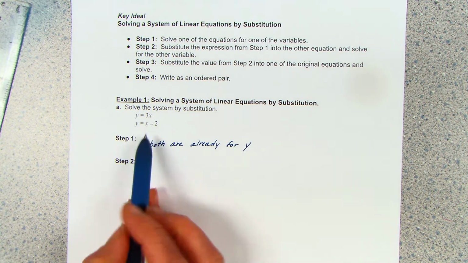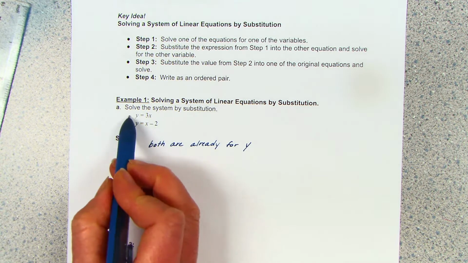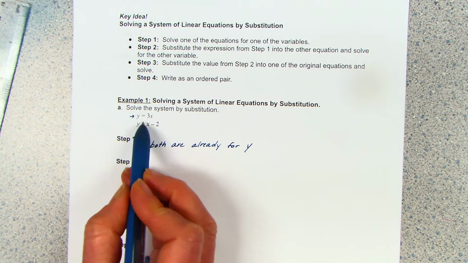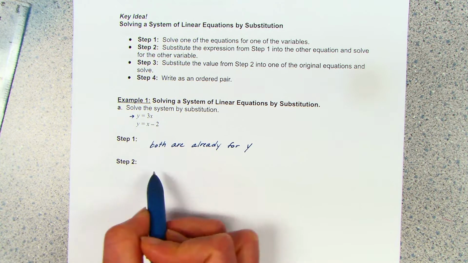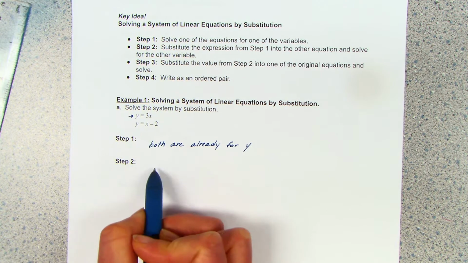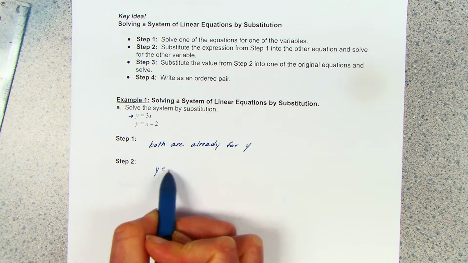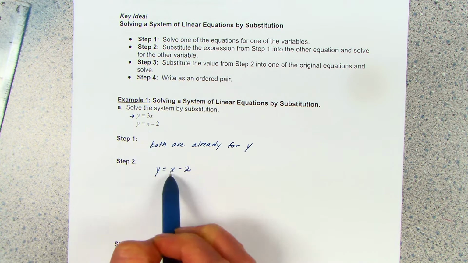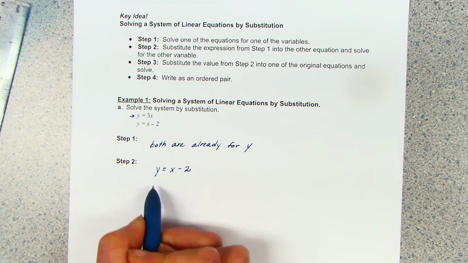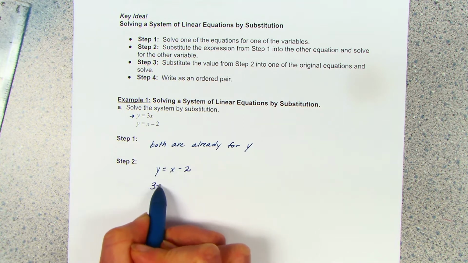I'm going to substitute y equals 3x. If y is equal to 3x, then I'm going to substitute 3x into y equals x minus 2.